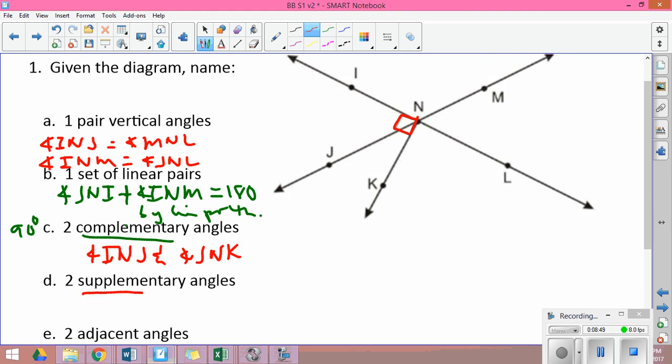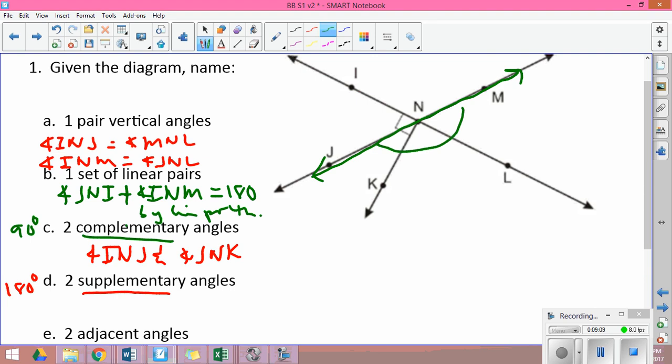Same way with supplementary, you're looking for basically lines. So we could use our same answer for our linear pairs, or if we want to look at another one, we could look at this line and we could look at this side.